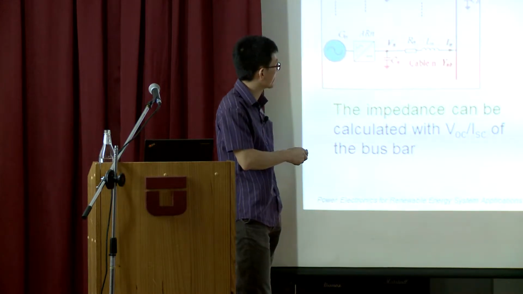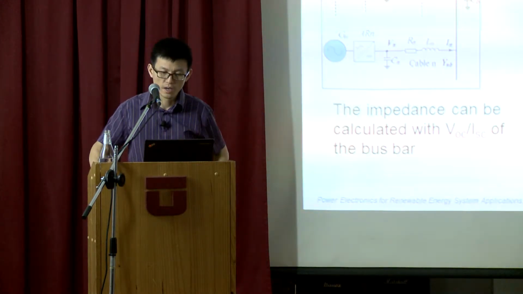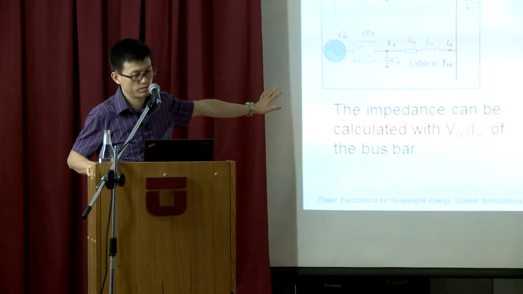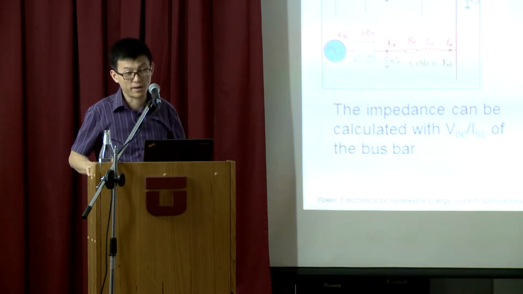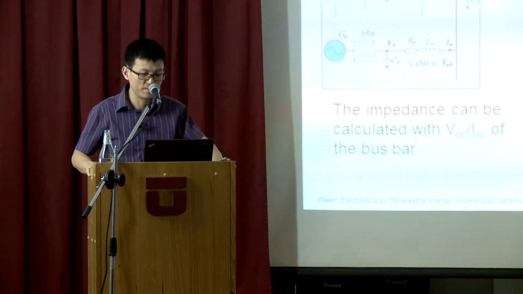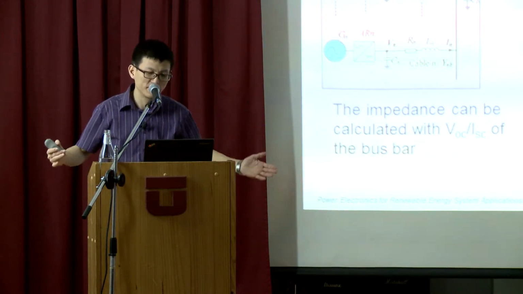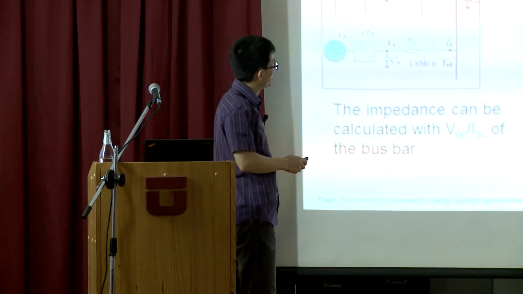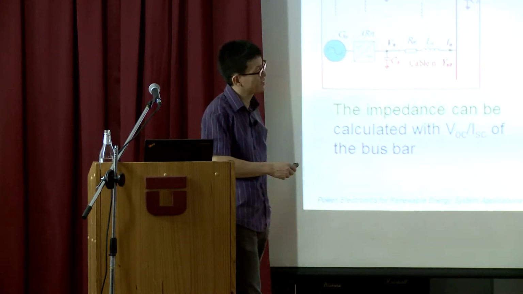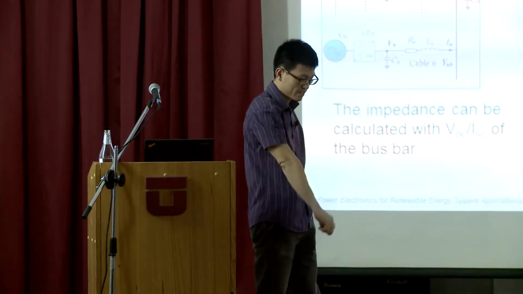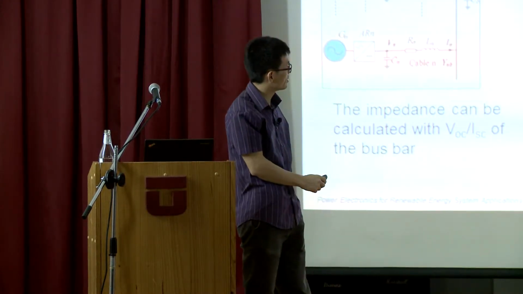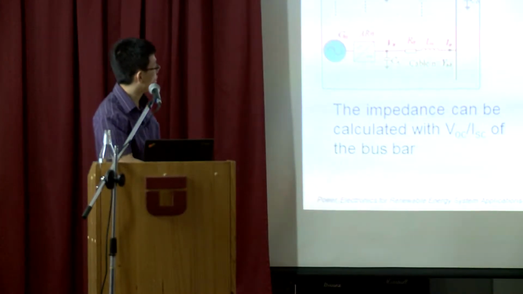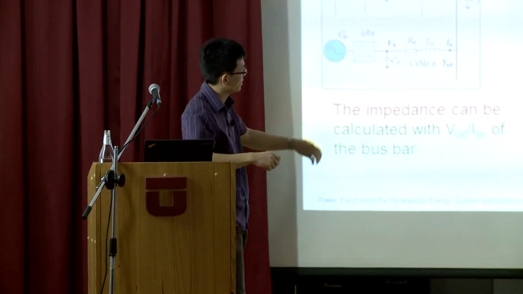You just transform all of this using the small signal analysis representative circuits, connect them in parallel, and then do the circuit analysis and derive the impedance of the source. So with multiple sources connected together, I want to look at what the source impedance looks like.